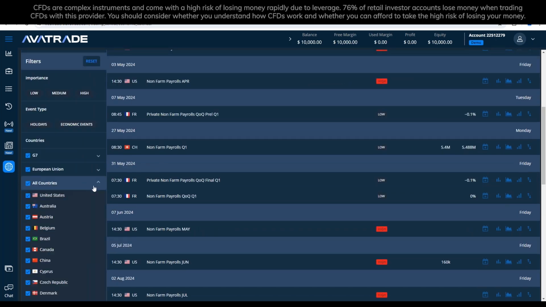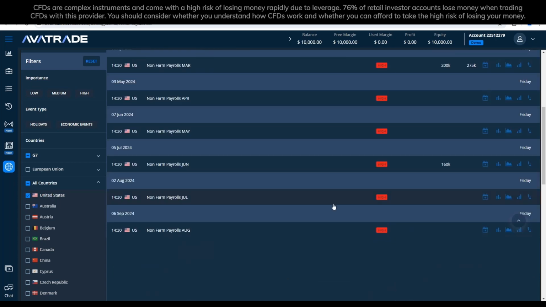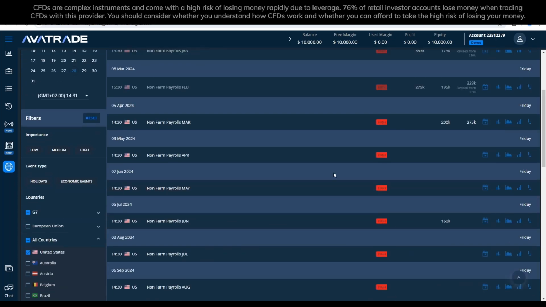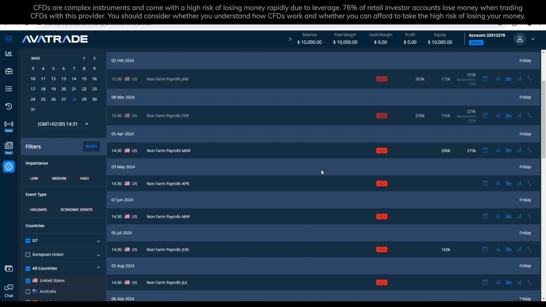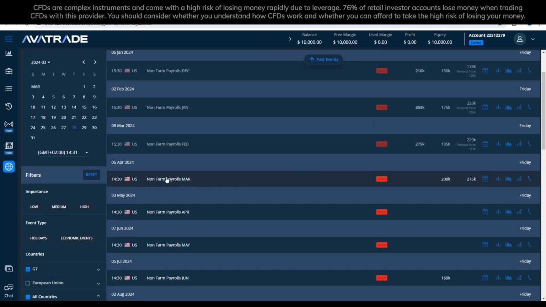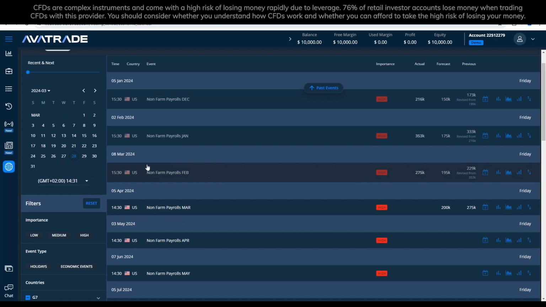I'm going to click on all countries, and then on that, and then US, and it's showing me that this is the next one, for March. March isn't over, and this is the last, which was on the 8th. I'm going to show you in a moment that it matches what we saw on the chart.